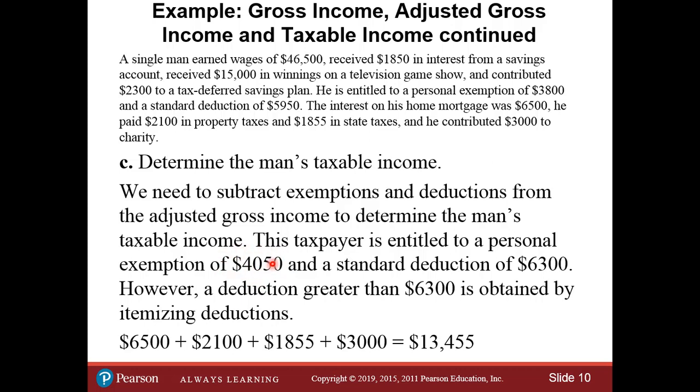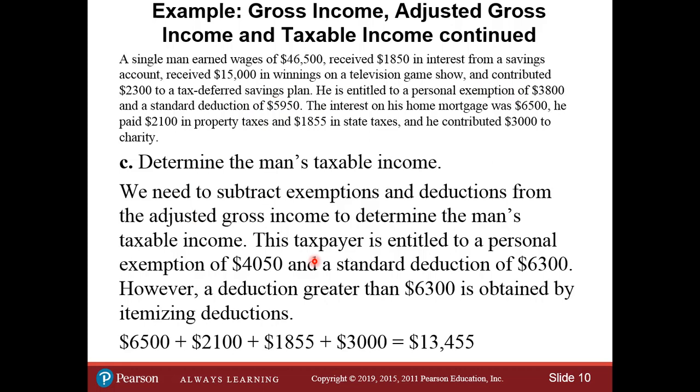I'm not sure where they got that. The standard deduction is $5,950, and his personal exemption is $3,800. He's a single man. Does he have any kids? No. So he's got a personal exemption of $3,800, and a standard deduction of $5,950.